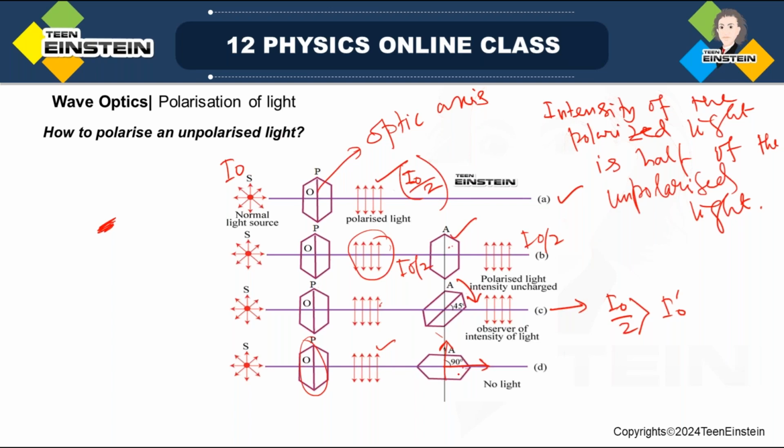So they don't have any component along the direction perpendicular to the vibration of their own electric field vectors. Then you will see zero intensity here, or no light. I hope you have understood why no intensity will be seen here, because no light will be able to pass through. If the unpolarized light is passing through the polarizer, you will get some intensity, at least half.